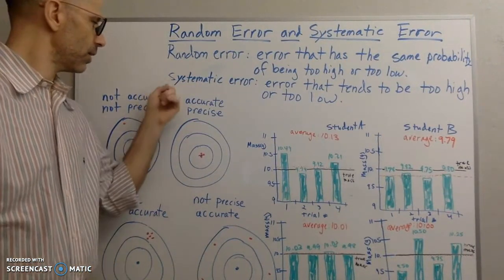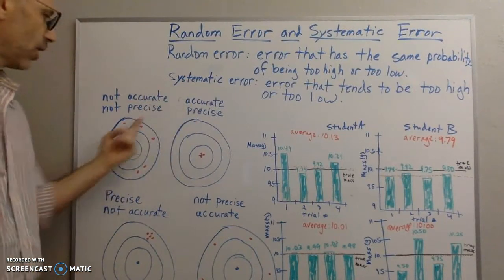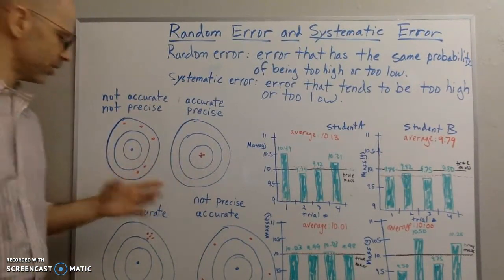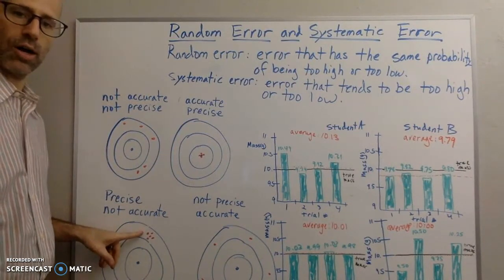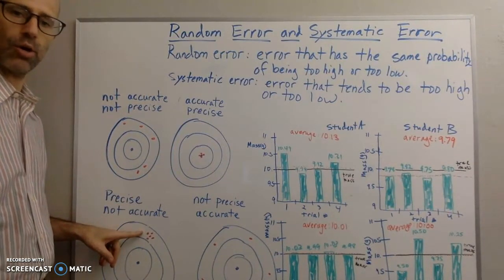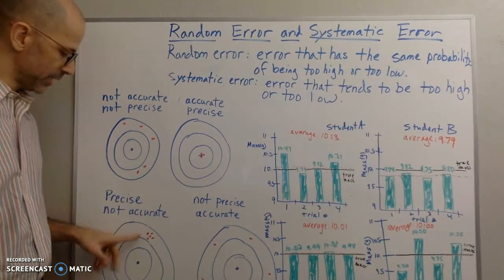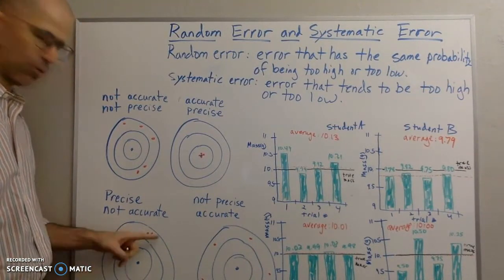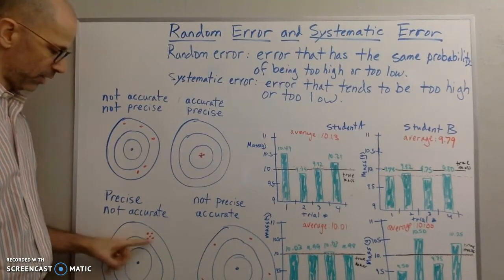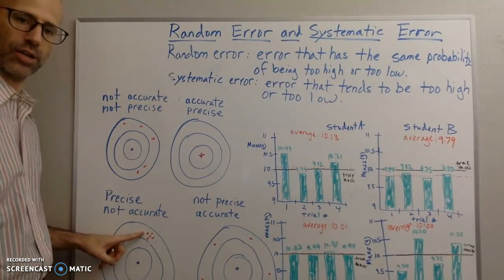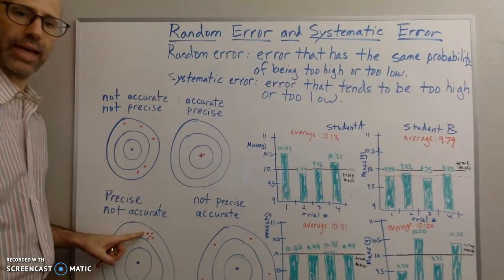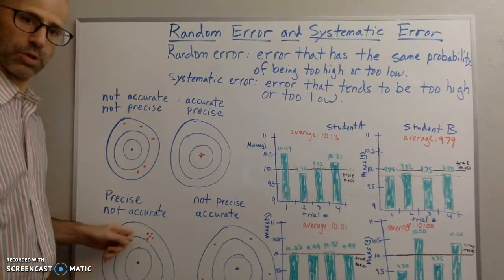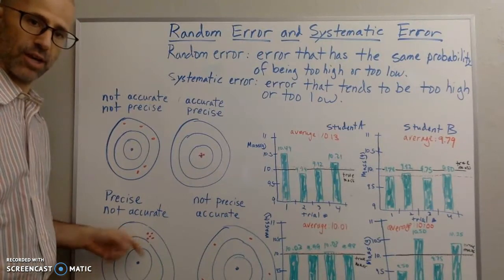So it's the same thing here. If you're shooting at your target, with your gun or your bow and arrow, whatever you're shooting, and it consistently goes up and to the right, and you create a little cluster here, that would indicate that your shooting is pretty precise, right?